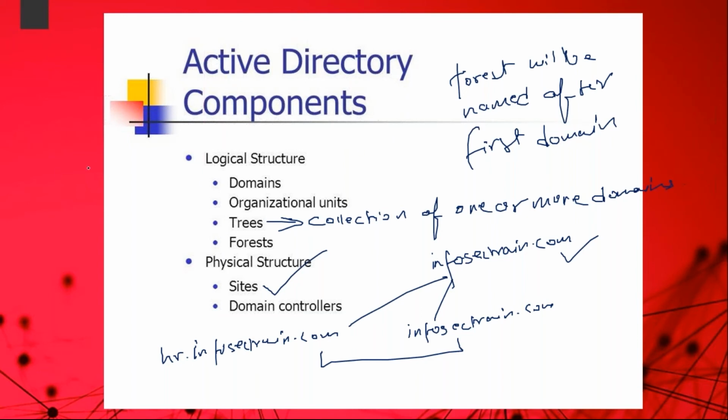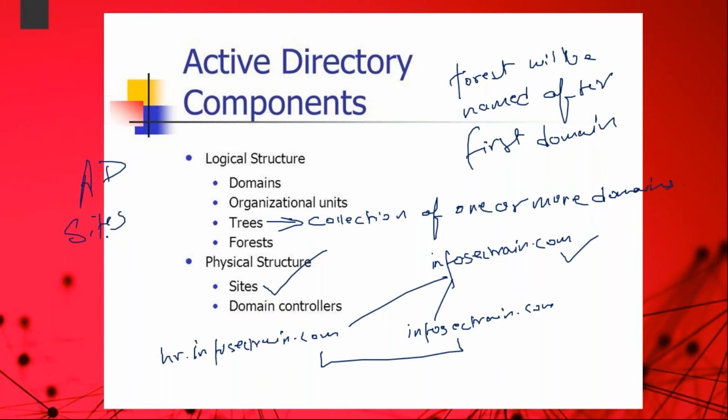So we have Active Directory sites, right? We use these Active Directory sites for managing organizations that have branches at different geographical locations, but they fall under the same domain.